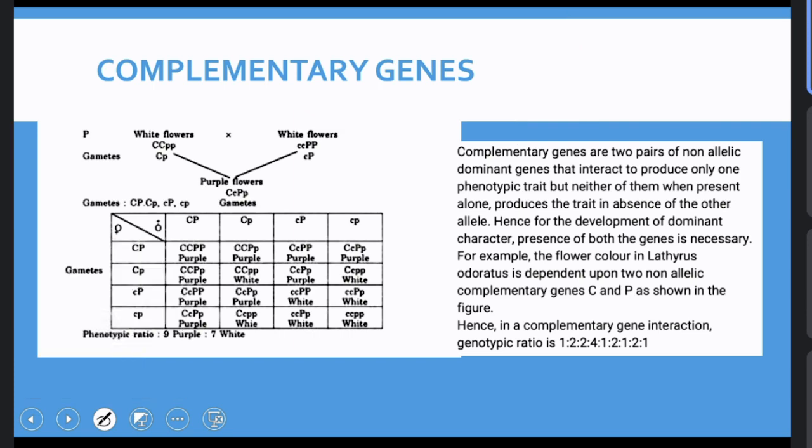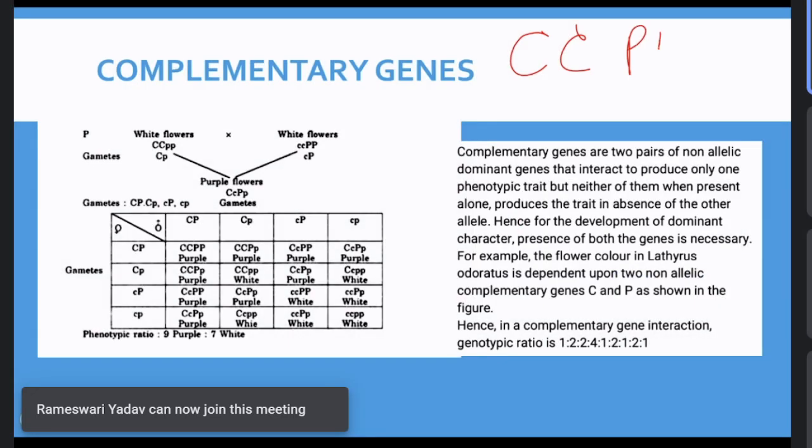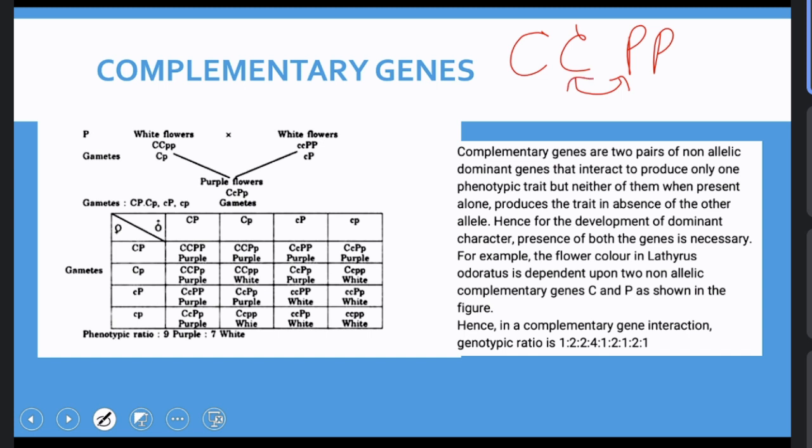Likewise, here there are two dominant genes which complement each other to produce one phenotypic trait which cannot be produced when they are alone.